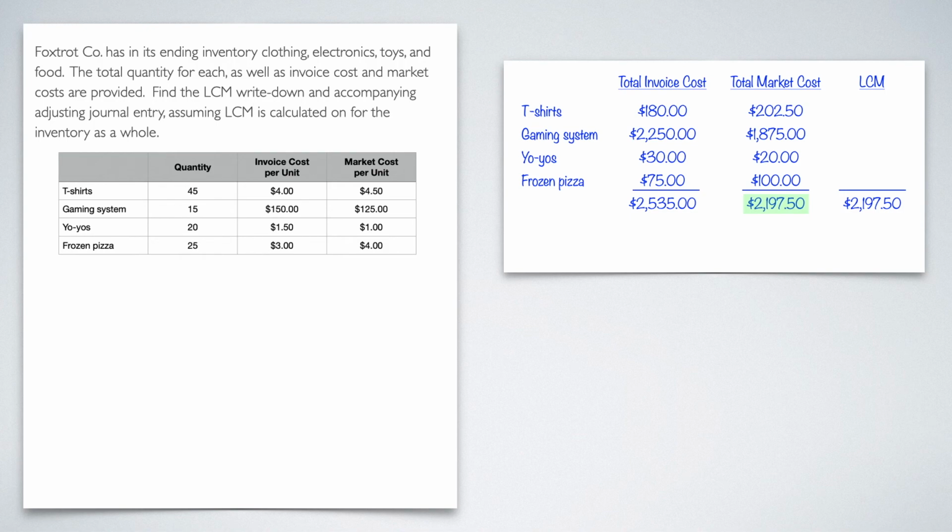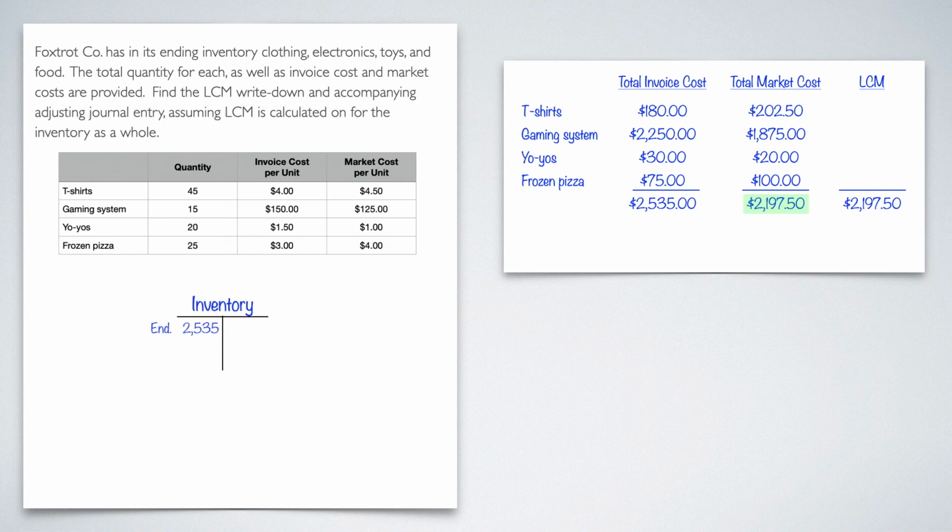When you're looking at LCM as inventory as a whole, your total is made from the whole numbers, the sums of the total market cost and the total invoice cost. That's the big difference.